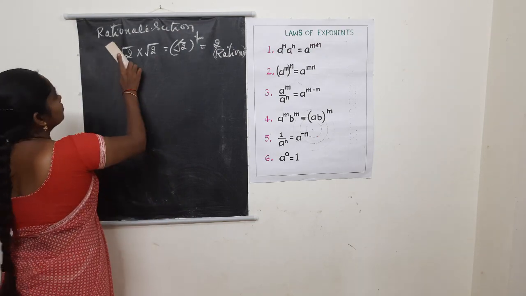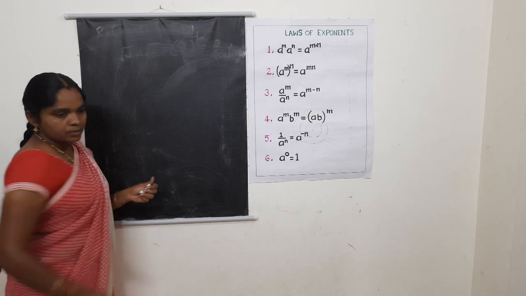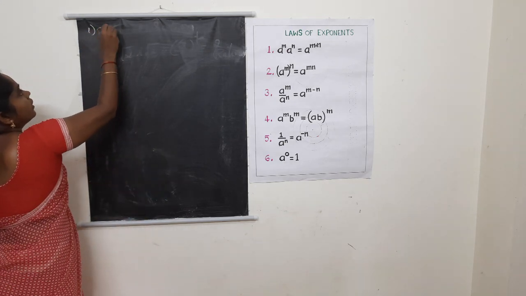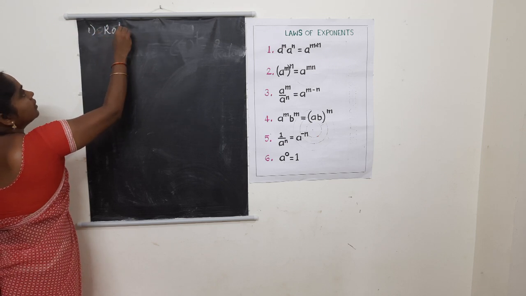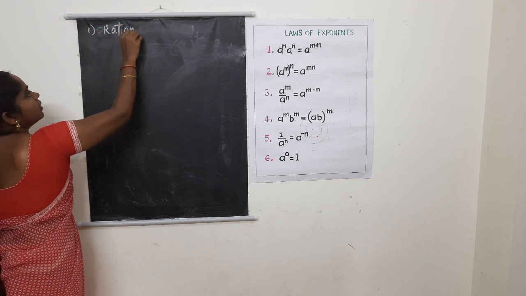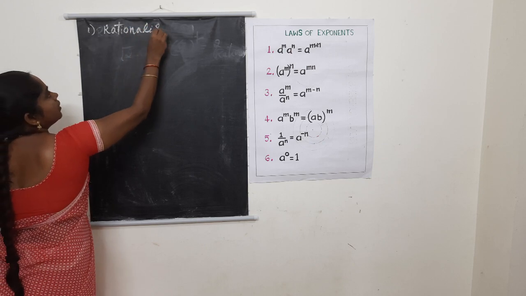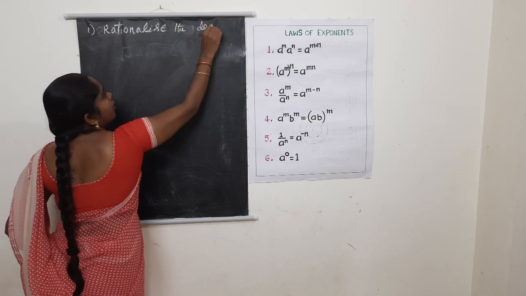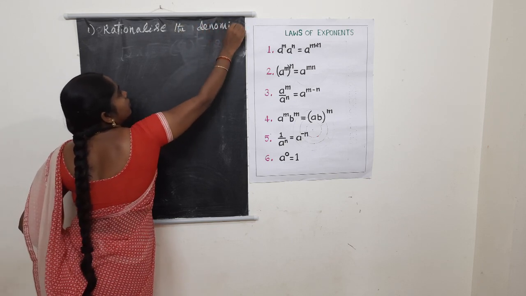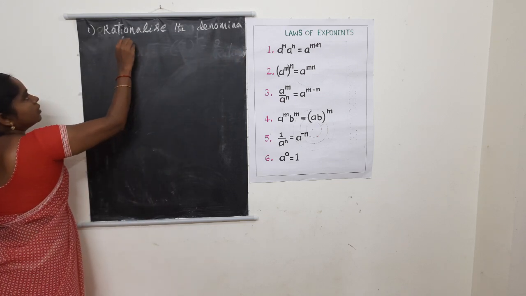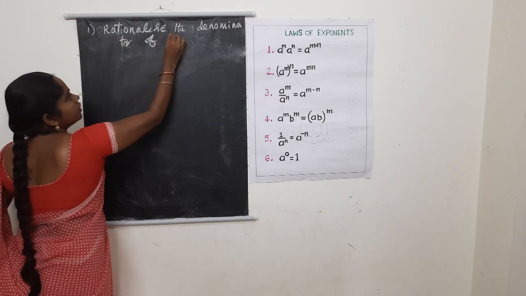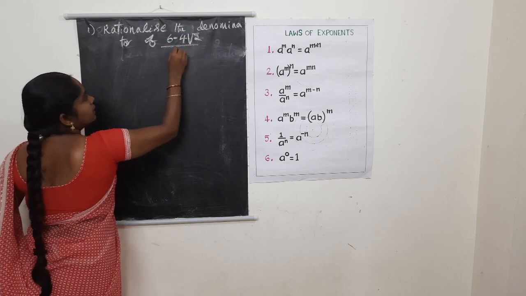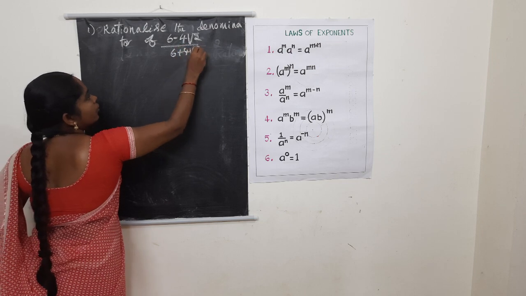So first problem. Rationalize the denominator of (6 minus 4 root 2) by (6 plus 4 root 2).